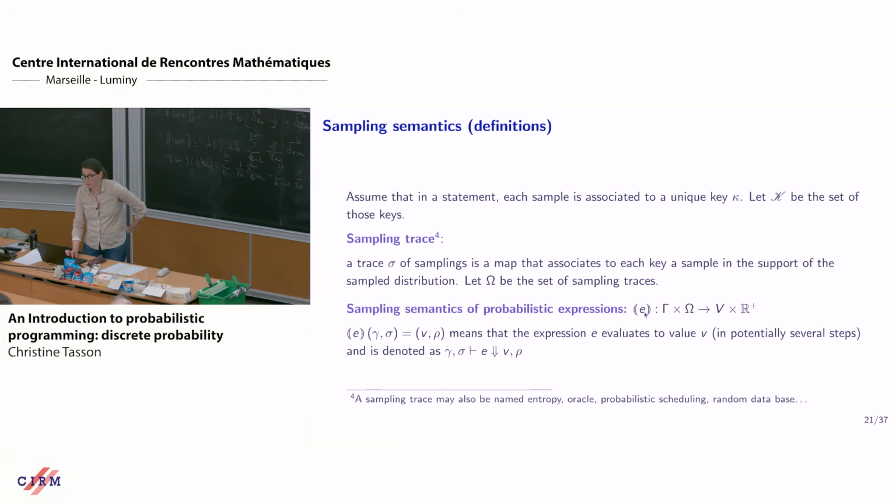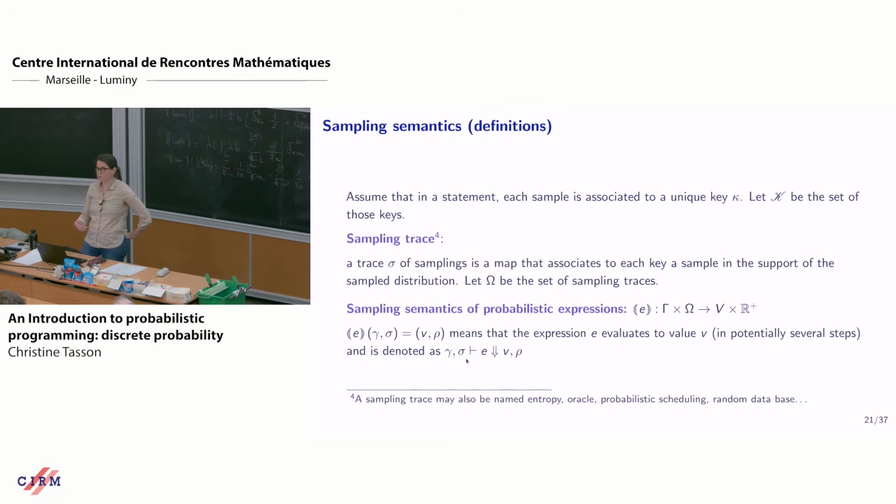We have an expression, and it takes an environment in which it is evaluated and a trace, and it produces a value and a probability to get this value. If the semantics of E in the environment gamma and the sampling trace sigma gives you V and rho, it means that the expression E evaluates to the value V, potentially with several steps of evaluation, and with probability rho. It is denoted as this big step operational semantics.